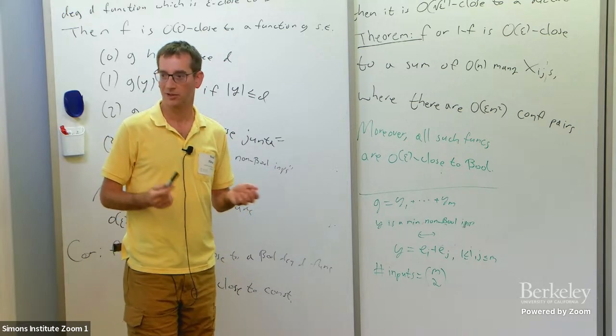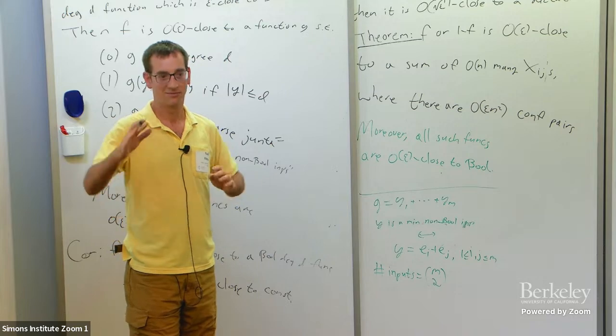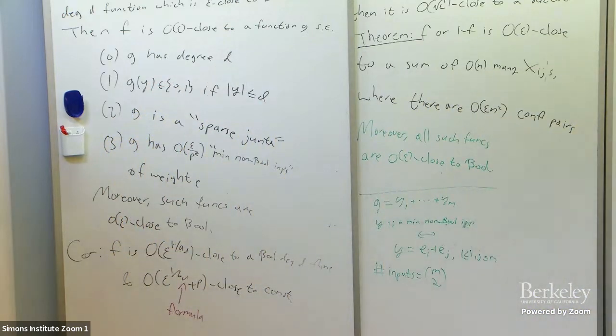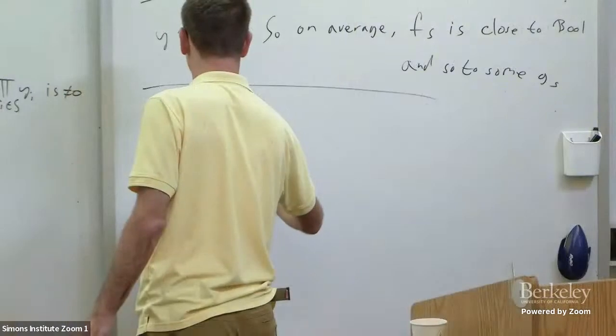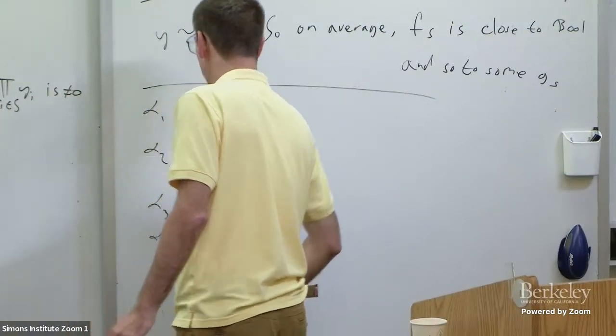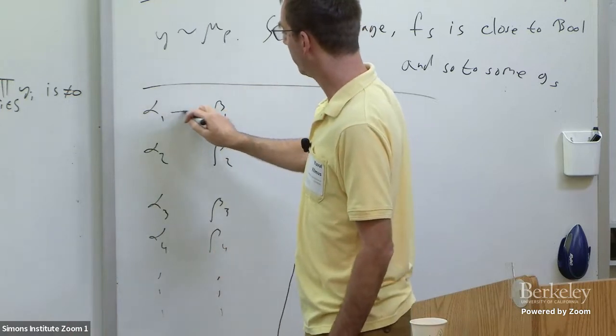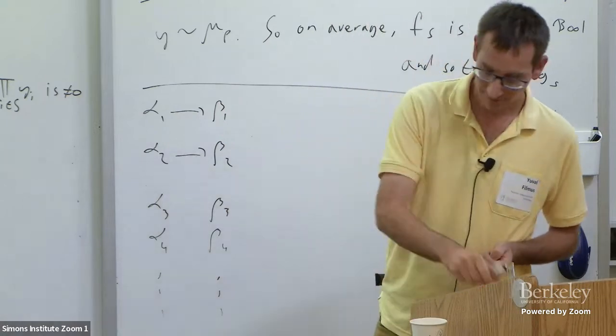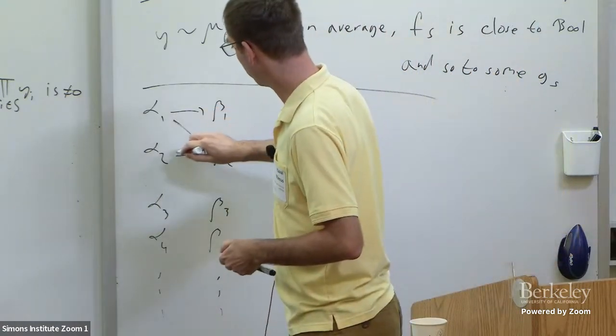For symmetric groups, we need to use a different process. We choose two random permutations alpha and beta. And then we look at all the permutations that map this to this and this to this, or map this to this and this to this.